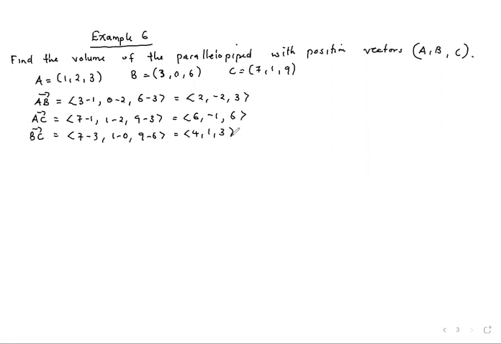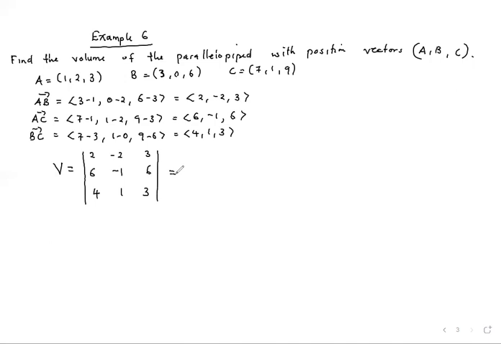Now to get the volume, you take all the vectors 2, negative 2, 3, 6, negative 1, 6, 4, 1, 3, and find the determinant.